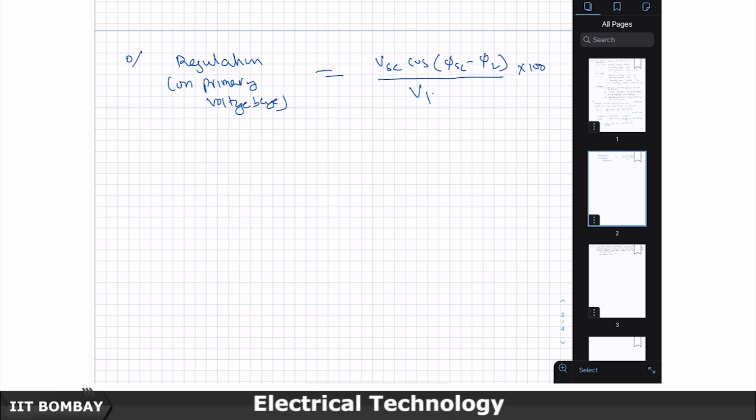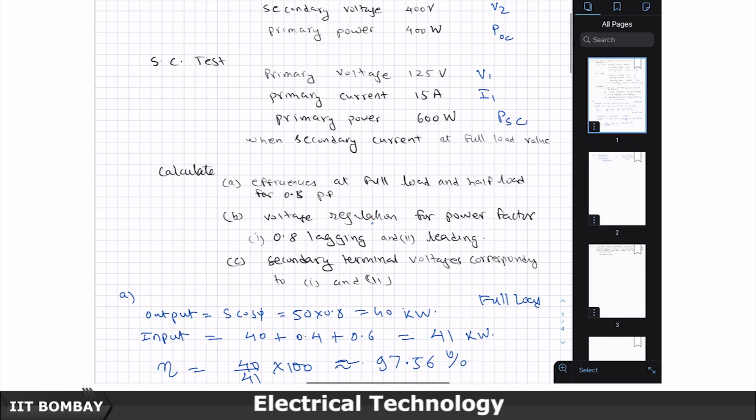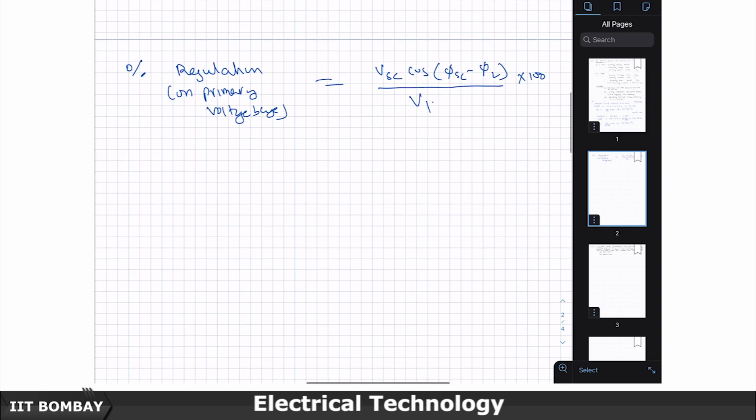This is in percentage voltage regulation. We know that V_sc is given to us. The primary applied voltage is 125 volt in the short circuit test.